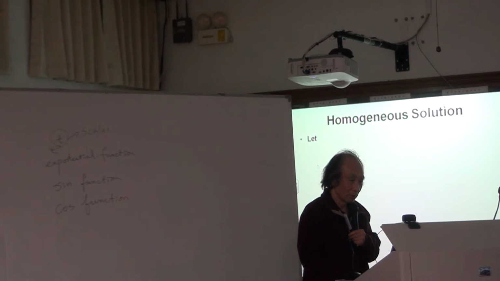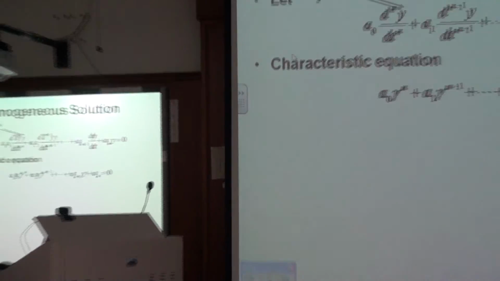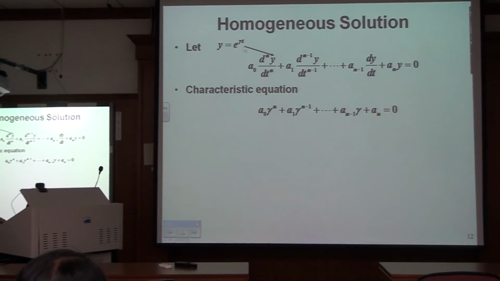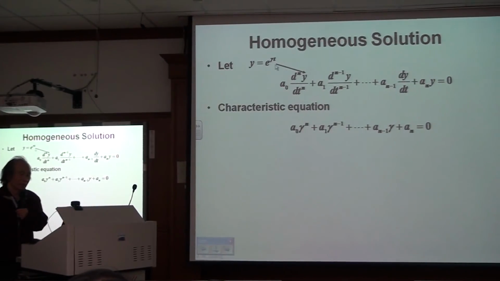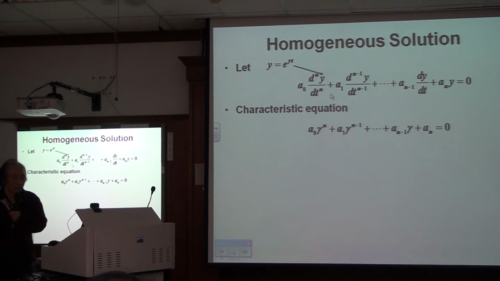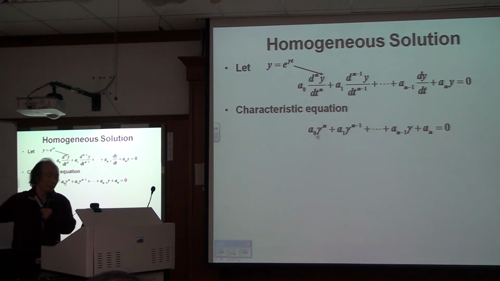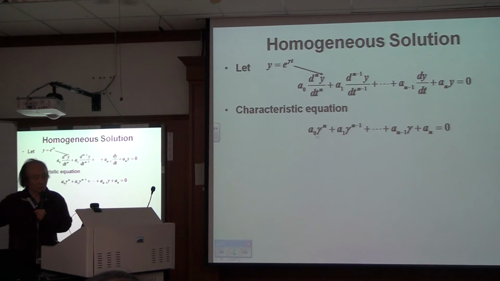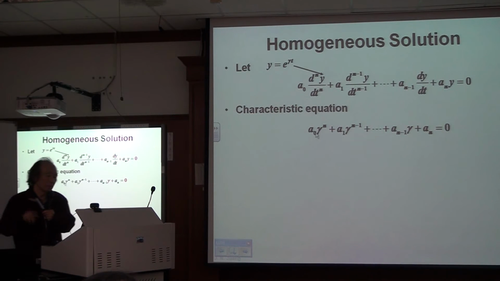All right, homogeneous solutions. We let y equal to exponential gamma t, and then we substitute in here. Then we find there's a characteristic equation: A0 gamma^n plus A1 gamma^(n-1) plus, and so on, A(n-1) gamma plus An equal to 0.